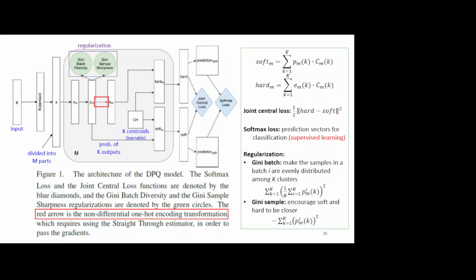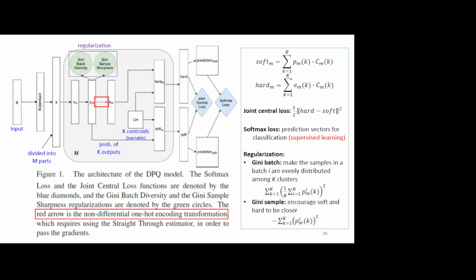It's a one-hot, right? Through the one-hot, only one cluster is assigned to this data. It's called hard quantization. The original probability, we call it soft. Soft means I give a probability for each cluster. So that is what we call soft.